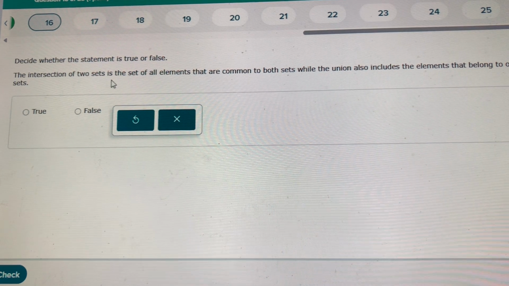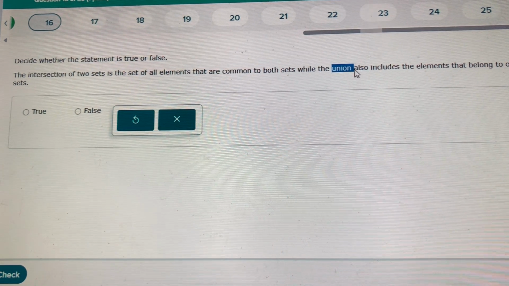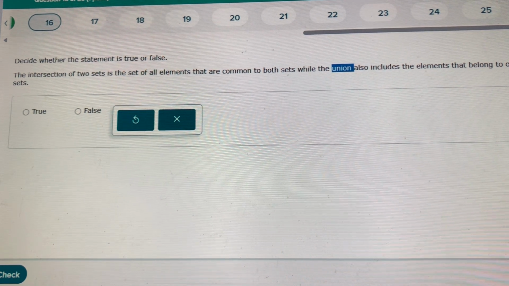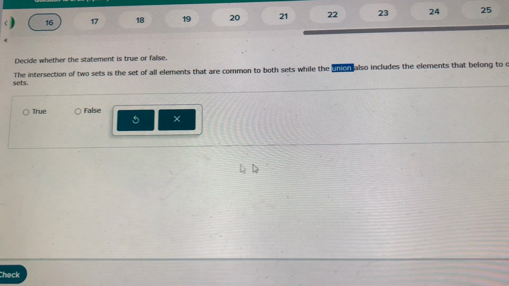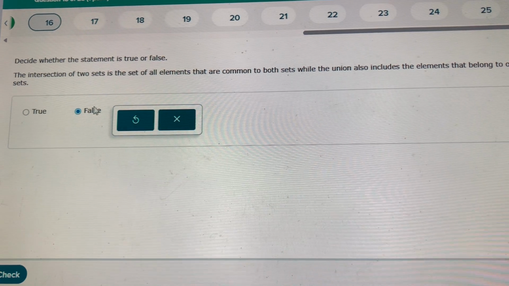The intersection of two sets is a set of all elements that are common to both. See, that's true. Intersection is when you're looking for what they have in common. Union is when you want to grab one of everything. So it includes elements that belong to only one of the two sets. Okay, well this is false then because they messed up the second half of this. The first half is true.